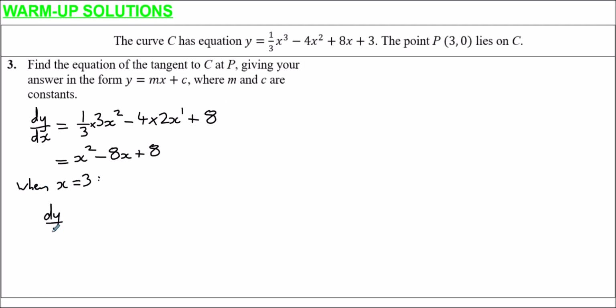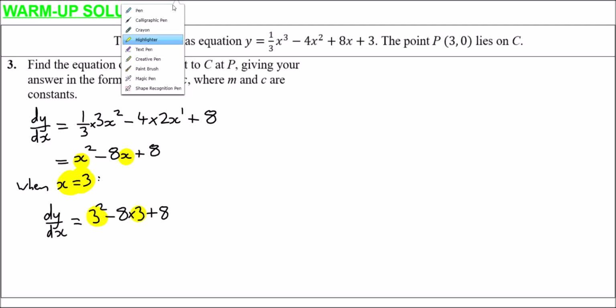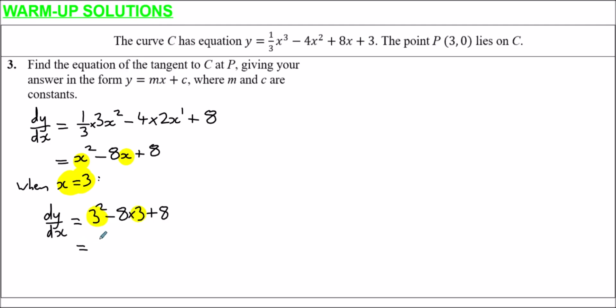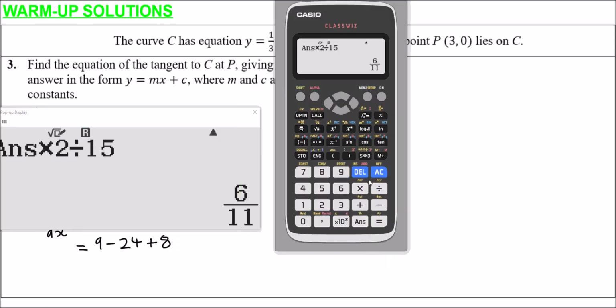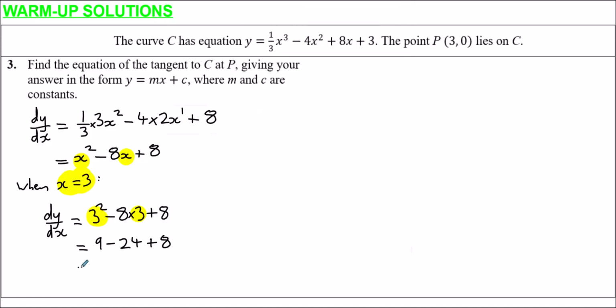So dy by dx will then be 3 squared minus 8 times 3 plus 8, just simply subbing in that x is equal to 3. So that's going to give us 9 minus 24 plus 8. So I would suggest using a calculator just in case, to make sure we don't make any silly errors, myself included, of course. 9 minus 24 plus 8 gives us minus 7.